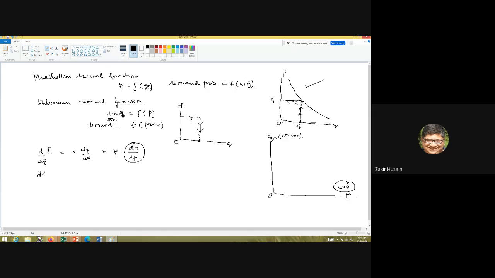Now just suppose if you take this instead of dp, what will happen? So P plus Q dp/dq. I want to write this out in elasticity terms. So what do I do next?